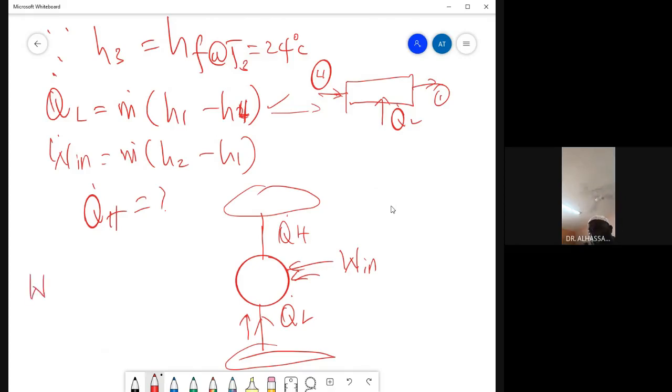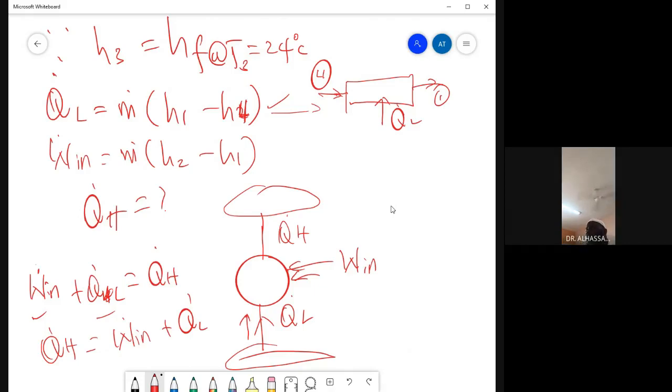So we will have W in plus QL equals QH. So if you already know W in and QL, you can easily calculate QH equals W in plus QL.